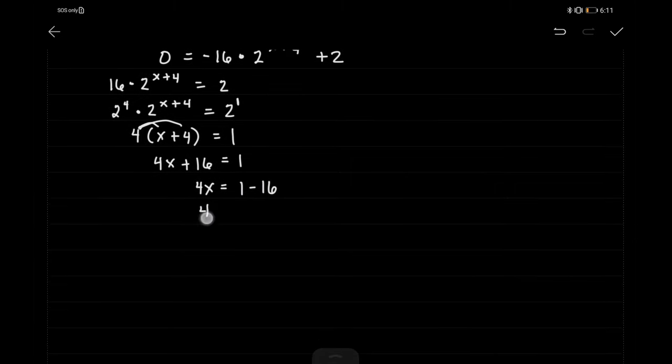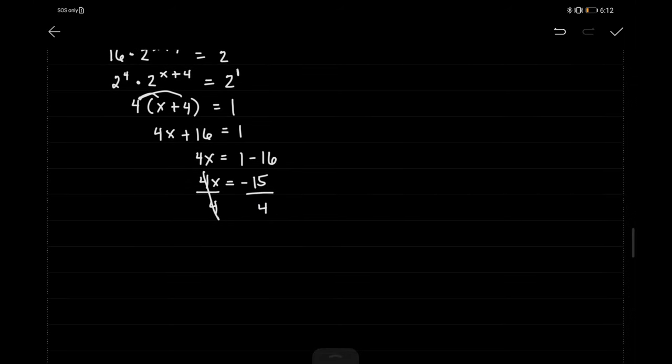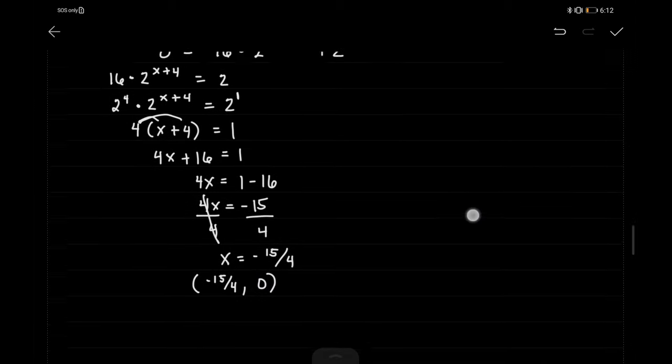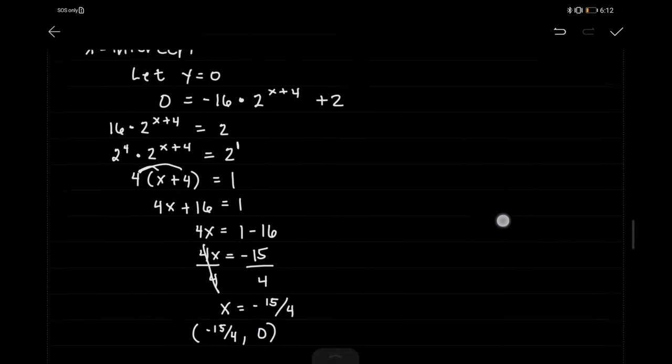Then 1 minus 16 is negative 15. Divide both sides by 4 to get the value of x. So ang x natin is equal siya sa negative 15 over 4. So therefore, ang point of intersection natin is doon sa negative 15 over 4 ang x at yung y natin is 0. So doon yung ating x-intercept.